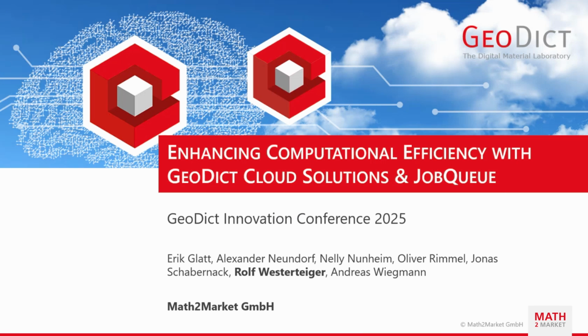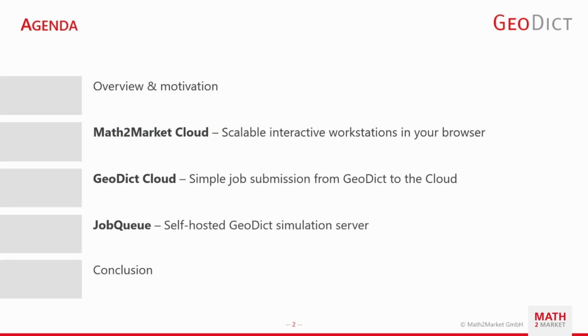I want to present today several solutions that we can offer with GeoDict 2025 in order to allow you to offload computation either to your own on-premises hardware or to the cloud. Namely, I'm going to be talking about three different solutions. First of all, the MathMarket Cloud, which offers you scalable interactive workstations right in your web browser.